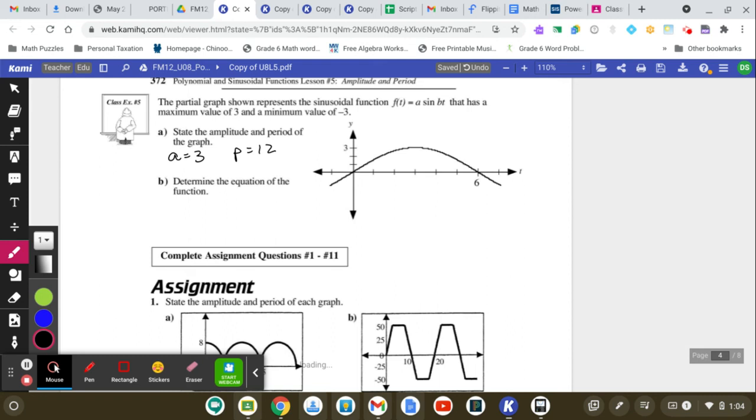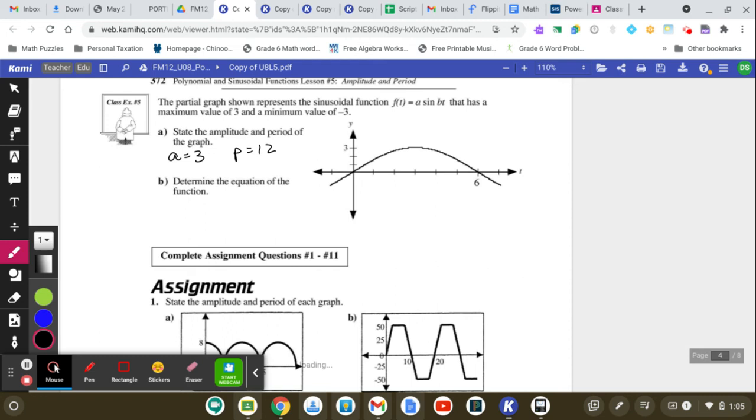Okay, you have that p is 12. You need to figure out what b is. What's our little formula for that? 2 pi over 12. So this is going to be pi over 6. Agreed? So the b value is pi over 6. Don't solve that any further.